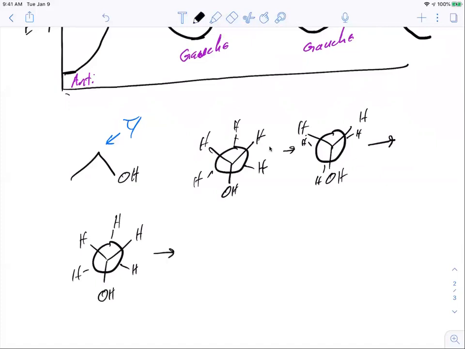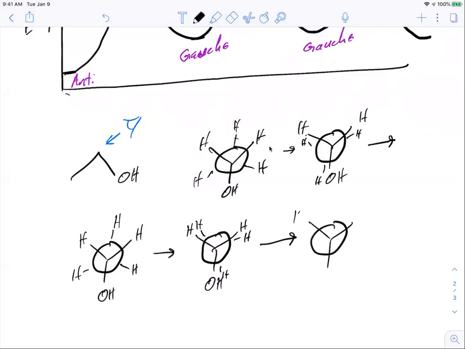And if I rotate it, I'll go to an eclipse form. And you should be noticing that the eclipsed are all the same and the staggered are all the same. And that's because what I have on the back carbon is all identical. Right? They're all 3 hydrogens.